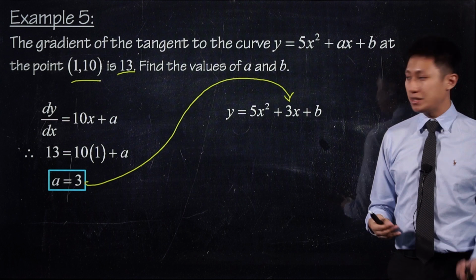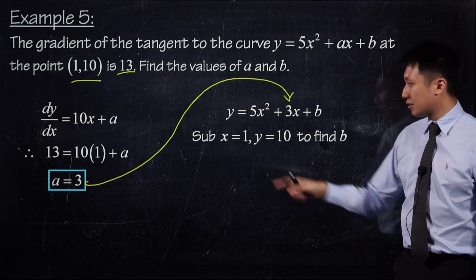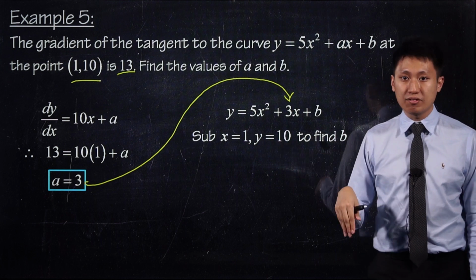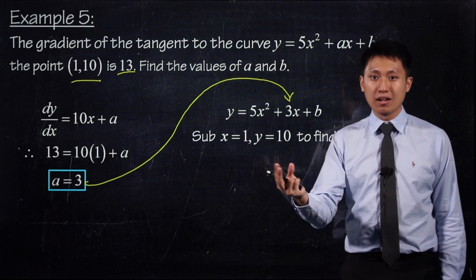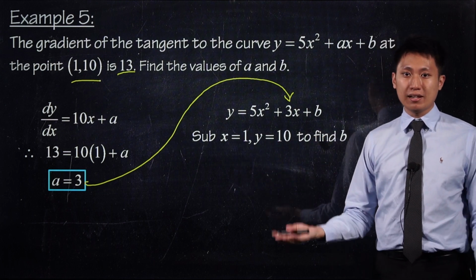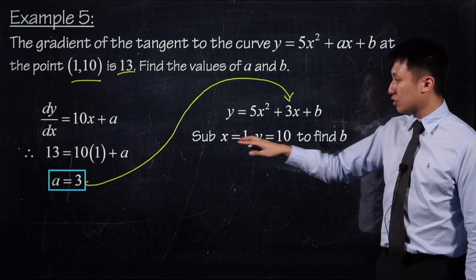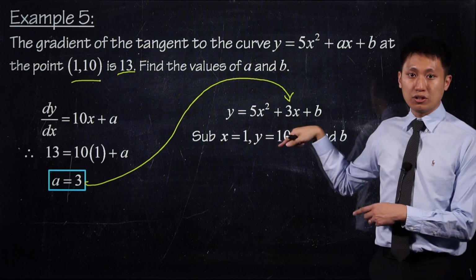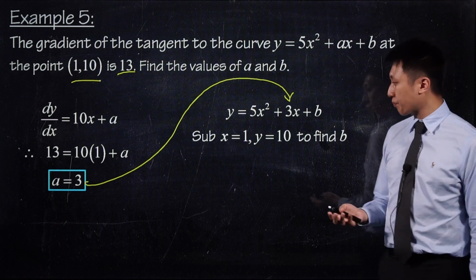On the curve itself means that you can sub this point into here and find b. You sub x equals 1, y equals 10 to find b. This is hidden information, because it says tangent to the curve at that point. So that point is definitely a point on the curve. Since it's a point on the curve, you can sub that coordinate into the curve and find the remaining variable.